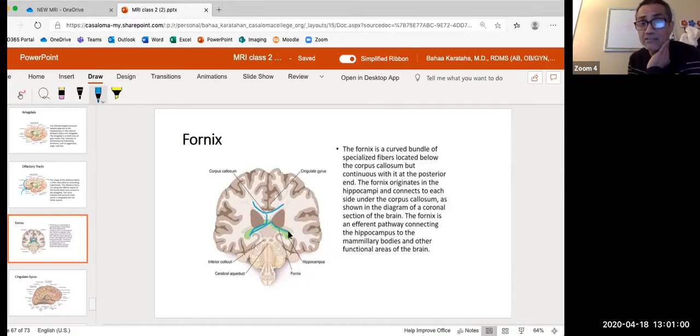And you can tell that there are some fibers that run between the right and the left part of the cerebral hemisphere, which start from the hippocampus and go underneath of the corpus callosum to meet with the other part from the hippocampus. So this is one hippocampus on one side, this is the other hippocampus, and those fibers of the fornix are connecting the right and the left part.